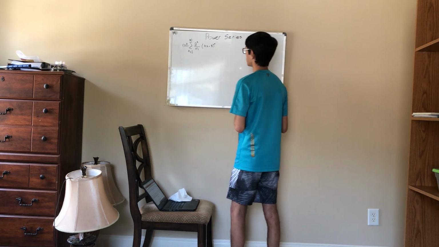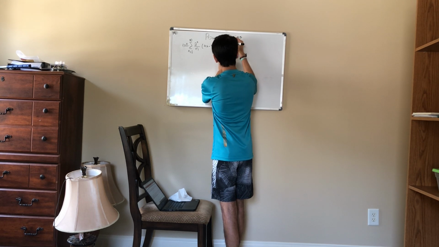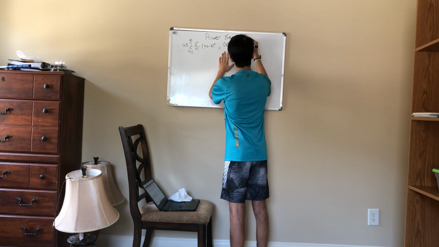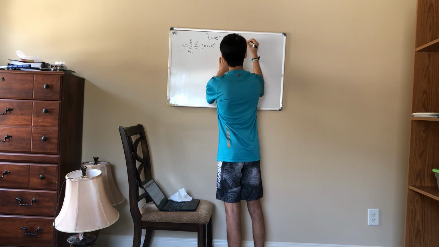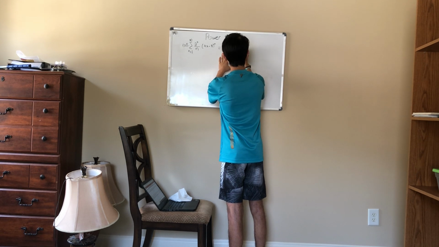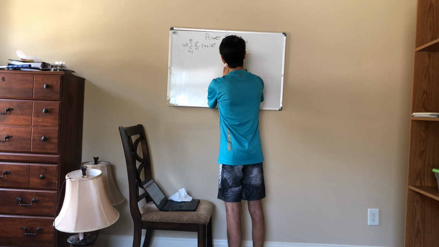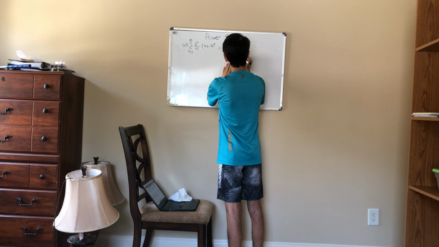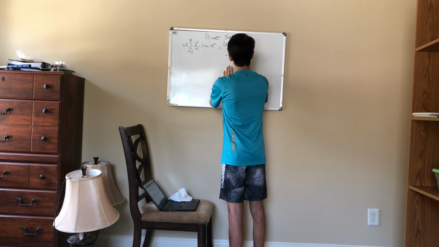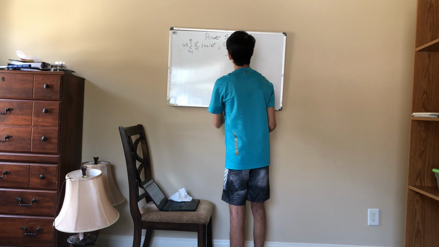So you would have to use the ratio test, and then that would equal 2 to the n plus 1 times 4x minus 8 to the n plus 1, over n plus 1, over 2 to the n over n times 4x minus 8 raised to the n, right?